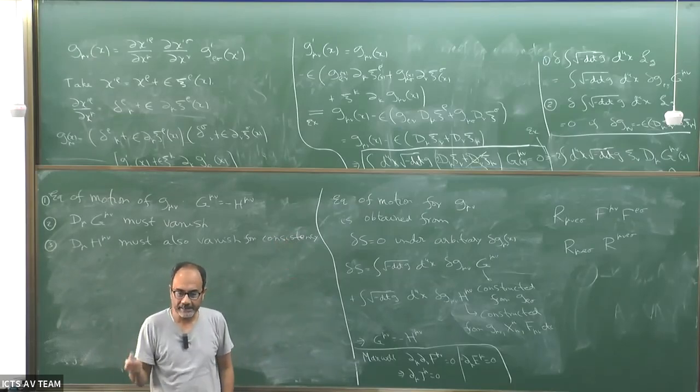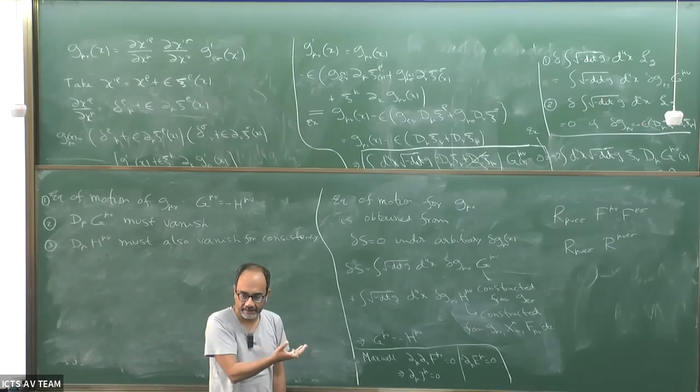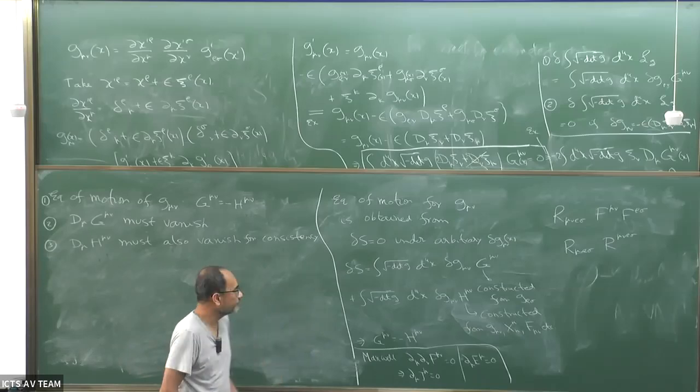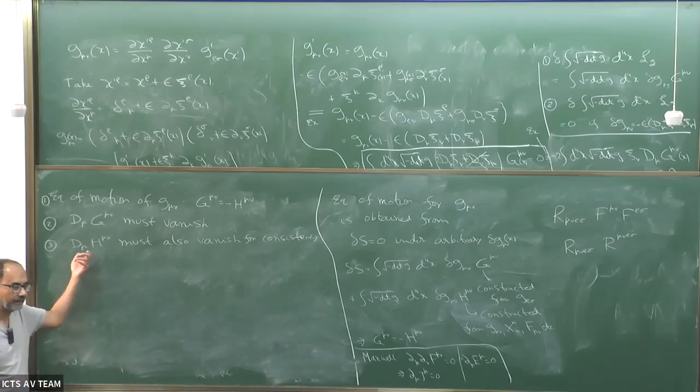So if you have already satisfied the equation of motion, then the fact that you are not taking into account the general coordinate transformation of those other things doesn't matter, because the first variation is zero anyway. So as long as the equations of motion are satisfied, this condition should be automatic. But if the equations of motion are not satisfied, then you have to make sure that this condition is true.